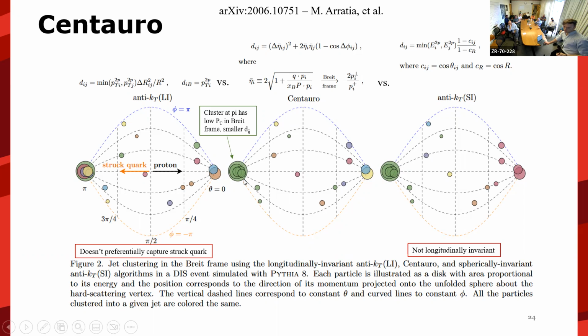Centauro does reconstruct a jet at low pT. And then there's also a spherically invariant formulation of anti-kT that has been used in e+e- collisions. But the difficulty with that is that it's not longitudinally invariant, and you also get a second jet popping up in the proton going direction, which is not so nice.